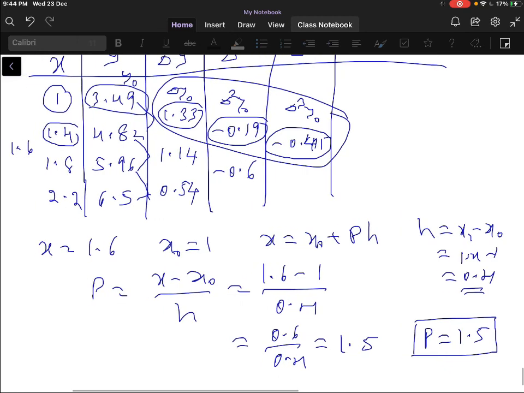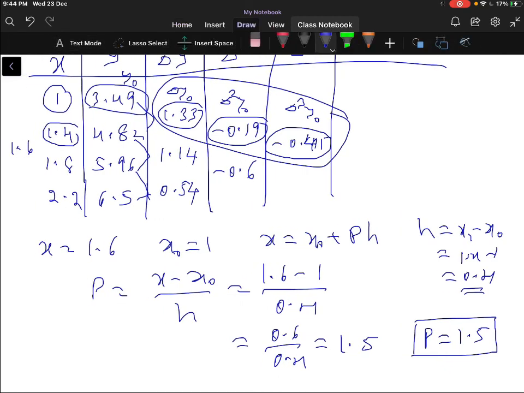Suppose if I use x naught is equal to 1.4, therefore y naught is 4.82. So we can take the leading forward differences as 1.14 and minus 0.6.